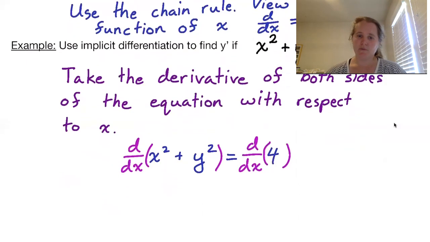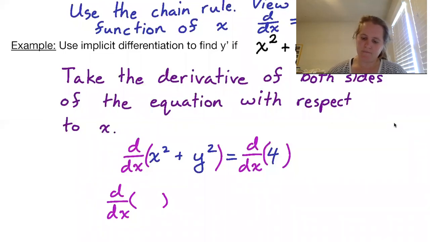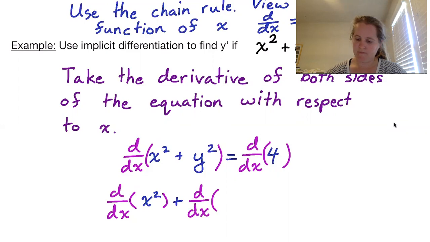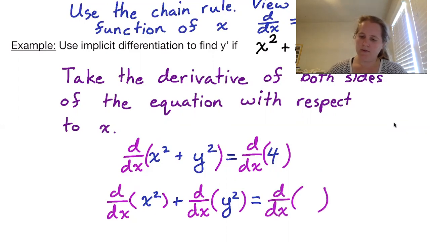So by our derivative rules, we can go ahead and split this. This is like taking the derivative with respect to x of x squared plus the derivative with respect to x of y squared is equal to the derivative with respect to x of 4.